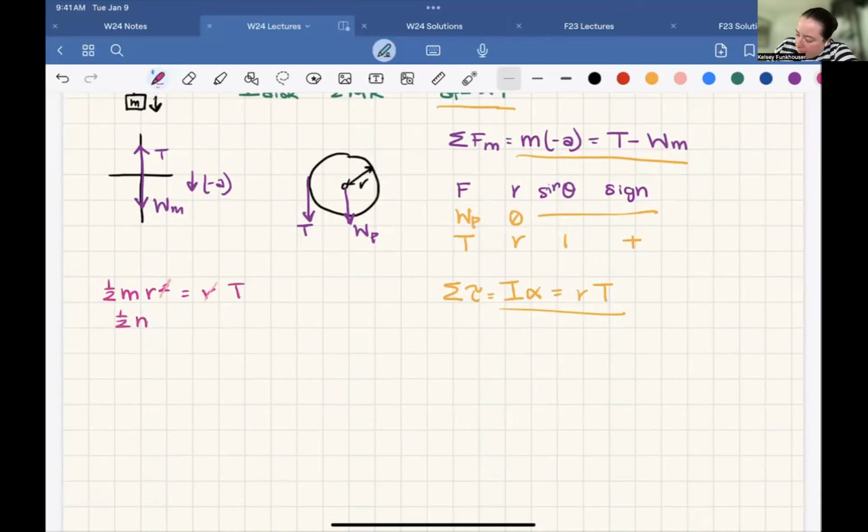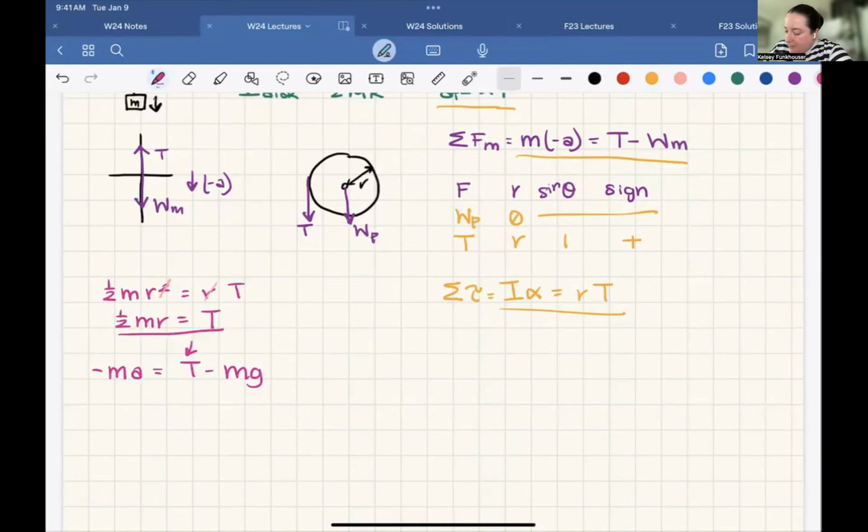So 1/2 mr alpha equals the tension. Cool. And the other one, we have negative MA equals tension minus mg. So right here, we can just plug this in for the tension.